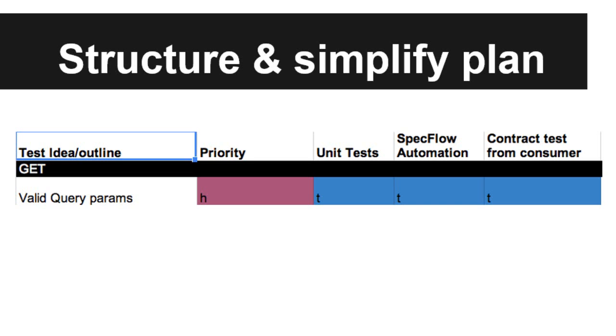So I could write automation at the SpecFlow level that covers valid query parameters, and I could have both of those, right? I could have unit test coverage and I could have SpecFlow automation test coverage. And lastly there, I could actually have a contract test that the consumer of my API has given me to test in my CI system. So I've got coverage there too.